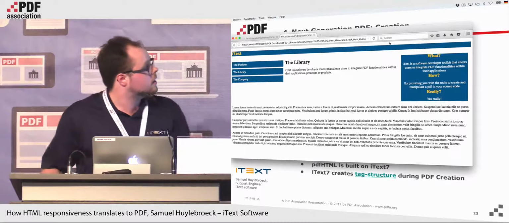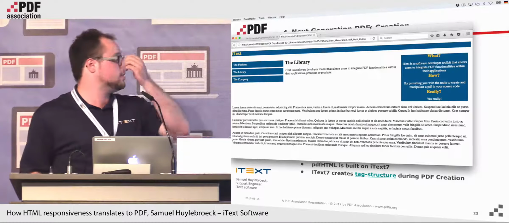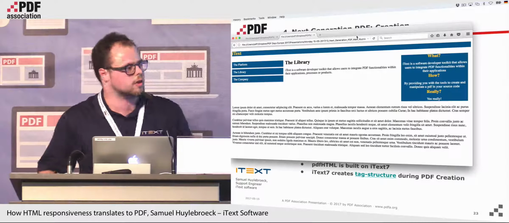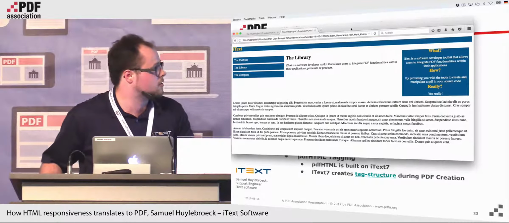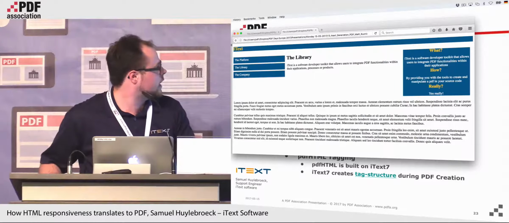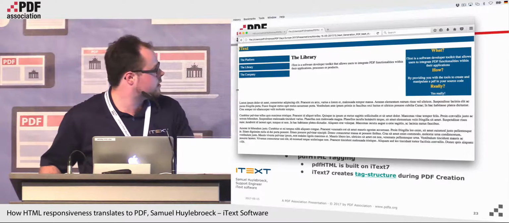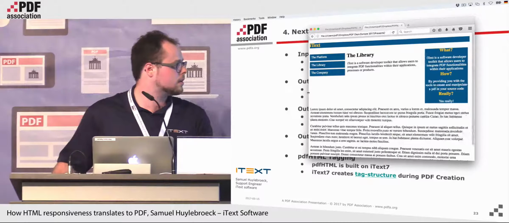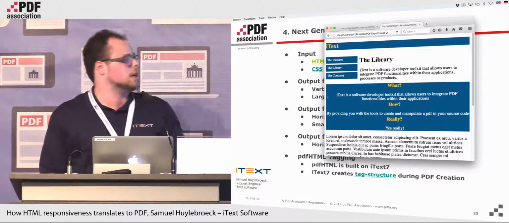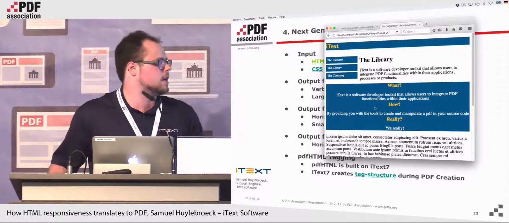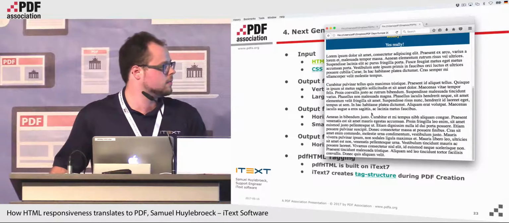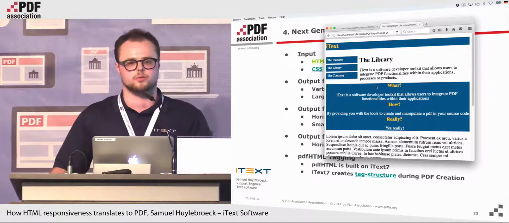Okay. So we have a dummy document. It's based on the responsive web design tutorial. And this is the HTML file. And as you'll be able to see as soon as I can make this shrink, it's using a responsive CSS and media queries to adapt how it looks based on the screen width.